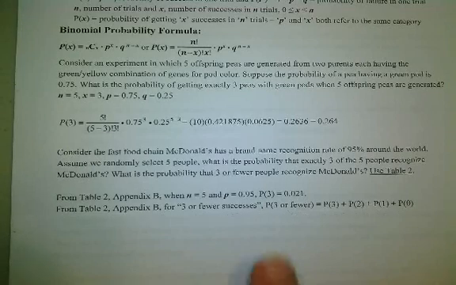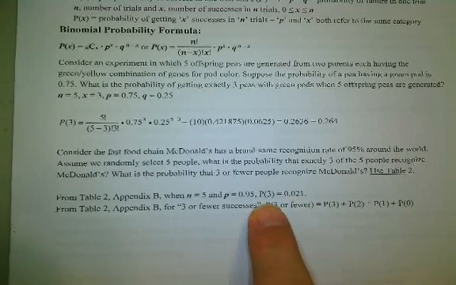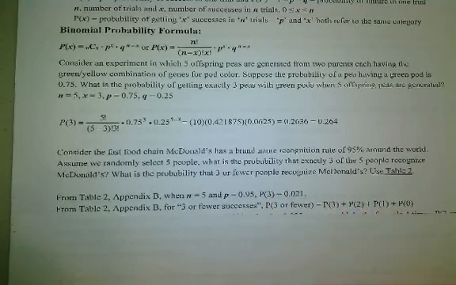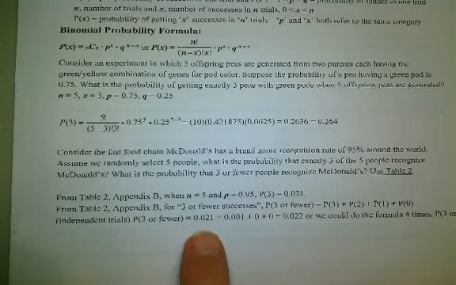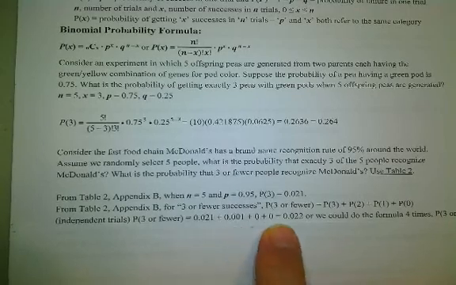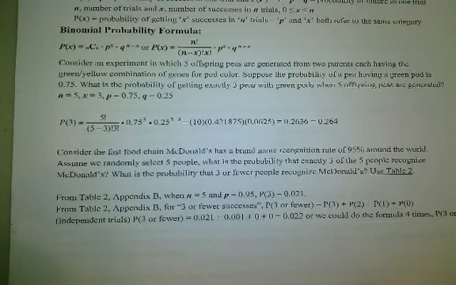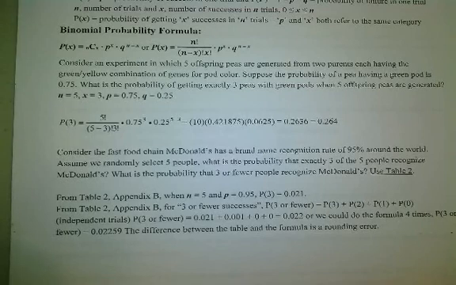If we wanted to add up the 3, 2, 1, and zero cases, we had 0.021, 0.001, and then we would end up with 0.022.